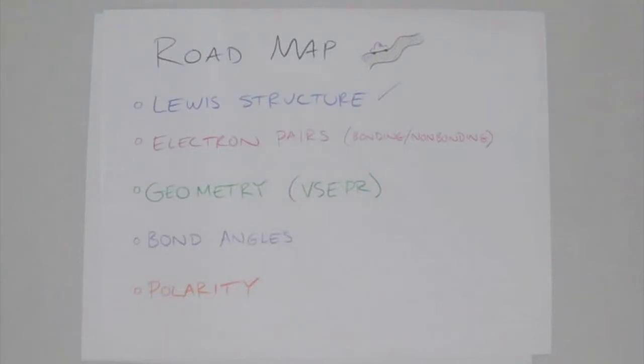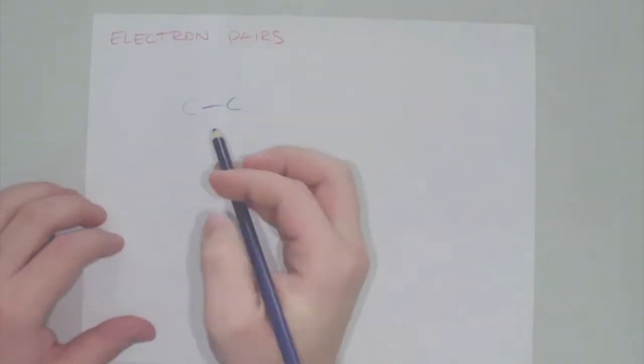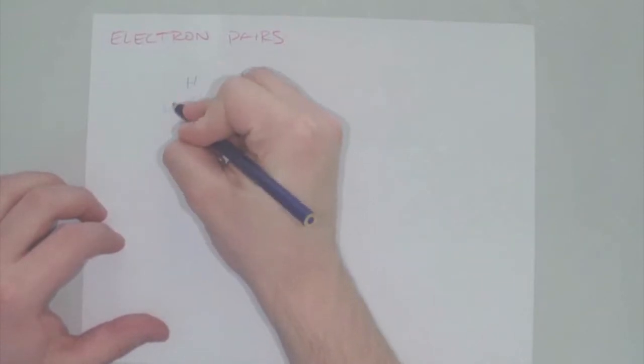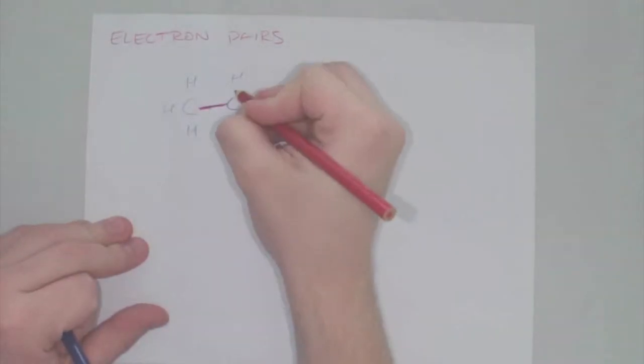So now that we've gone through the first step of our roadmap, looking at Lewis structure, we can turn our attention real quick to electron pairs. So this is pretty much a secret tool that will help us later. So on some of these molecules that we just saw, so like in ethane, we have carbons and hydrogens. And in this molecule, all of these electron pairs are in these bonds.